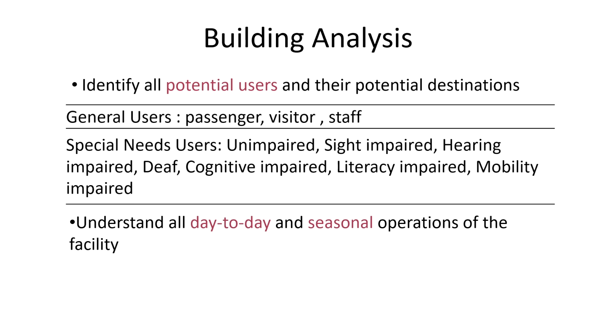Additionally, with insight into daily operations, we can anticipate potential bottlenecks and implement signage solutions that effectively mitigate these problems. Moreover, seasonal variations in operation present unique challenges and opportunities for signage and wayfinding.